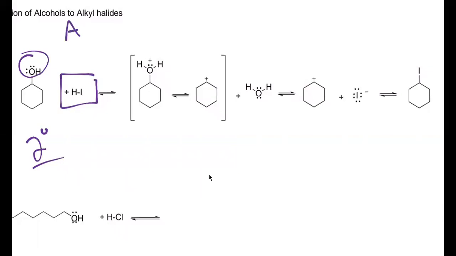So this will be considered addition of HX to an alcohol, all right? So let's go through this mechanism. We're gonna put the arrows in and we'll answer this question down here also about the primary, like why it's bad, all right? So what's the first step in this mechanism?